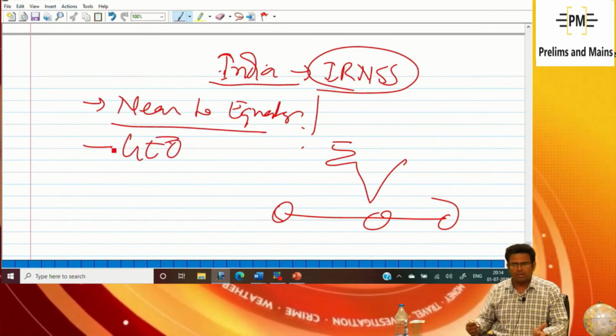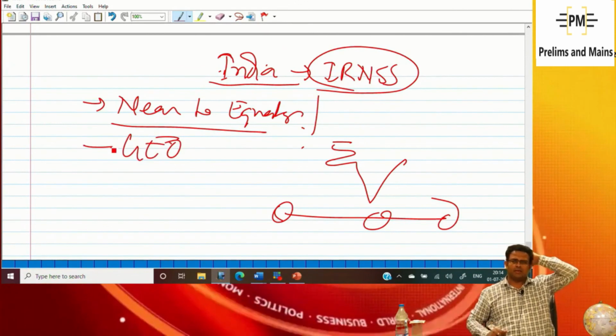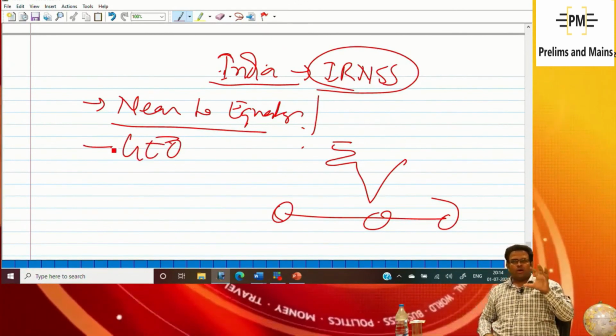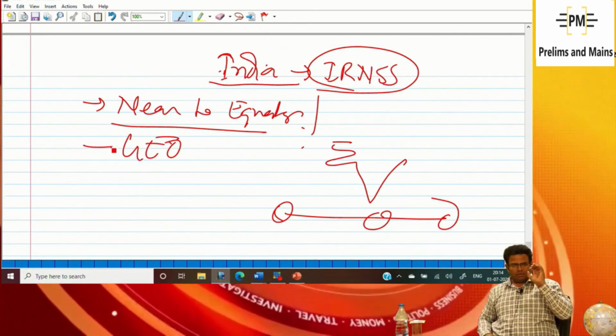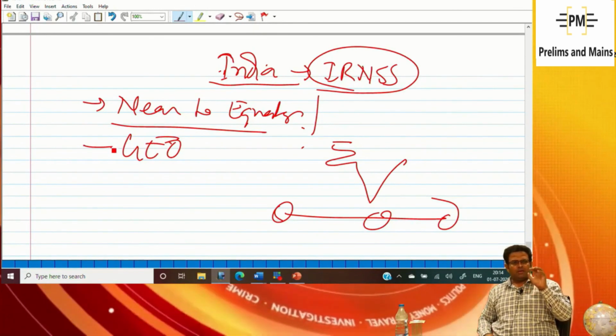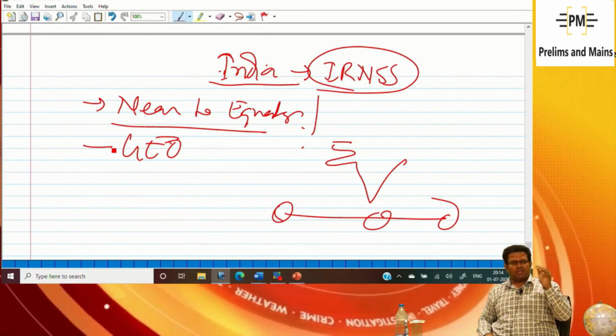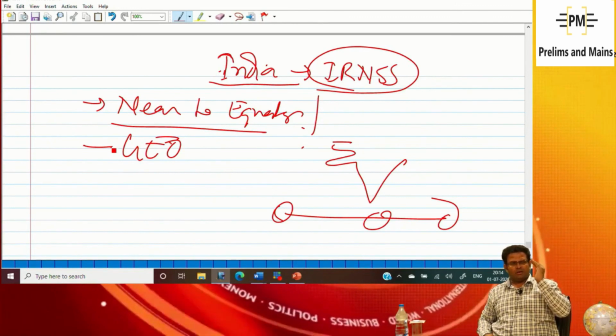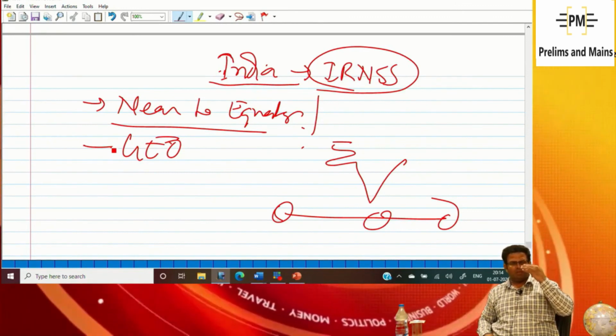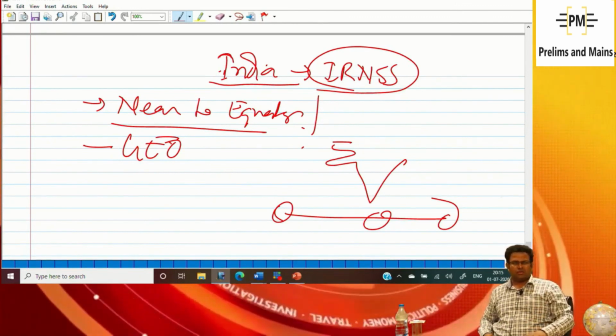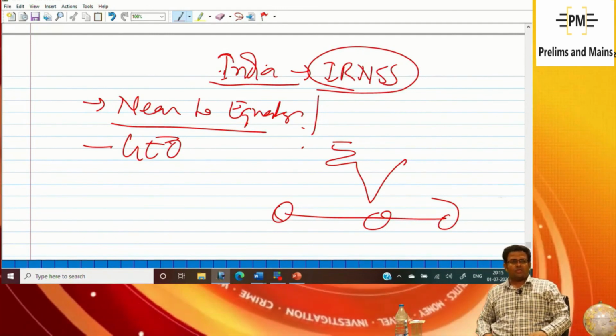So therefore, in one word we can say that most of the world's developed countries, like USA, Russia, Europe, China, are in the mid latitude and high latitude regions, and they cannot use GEO.